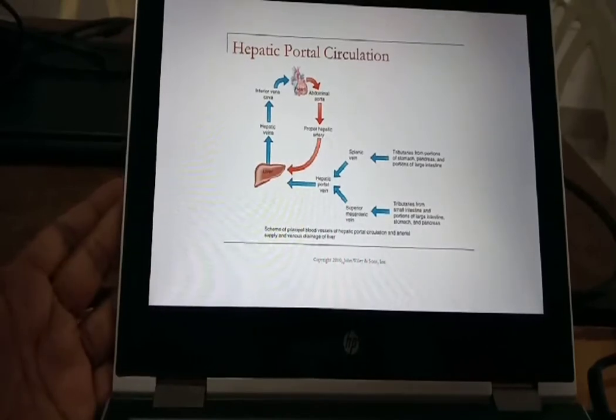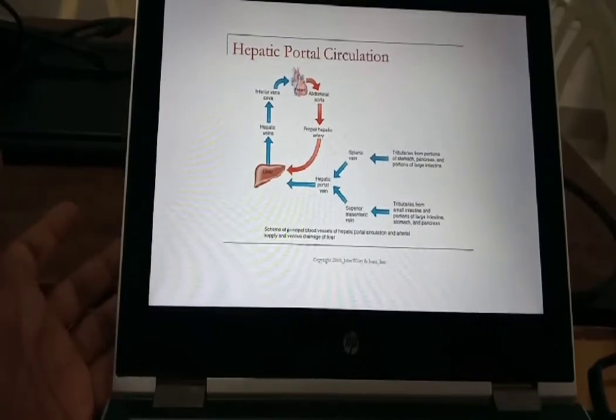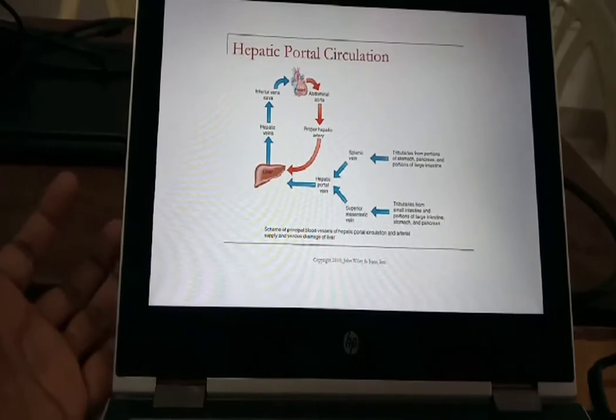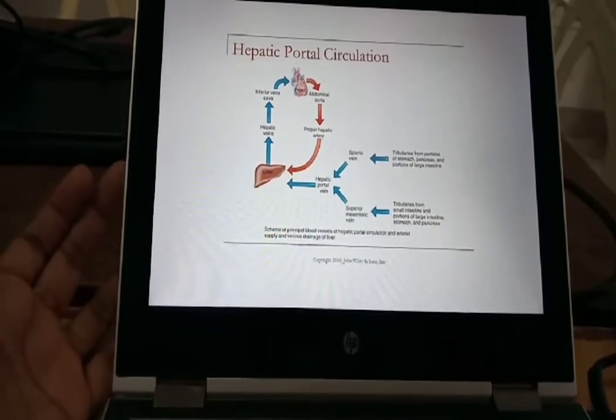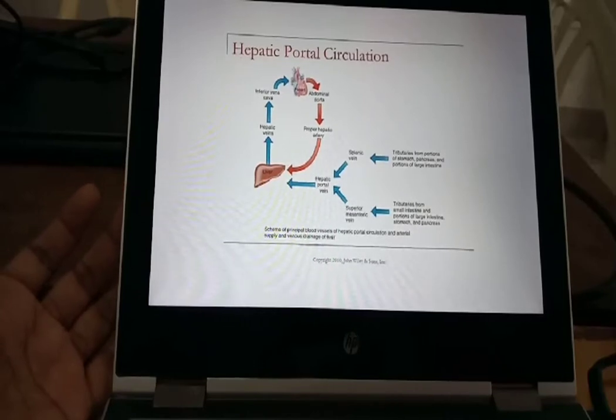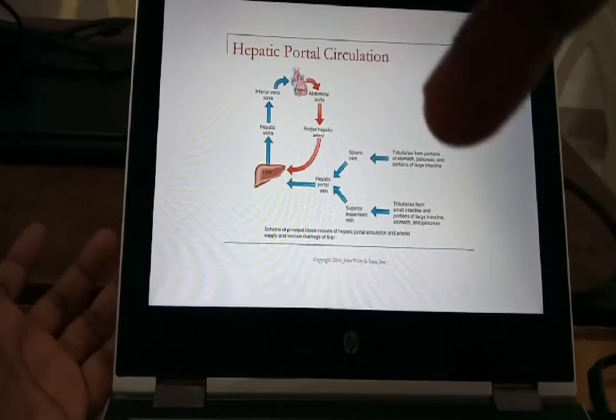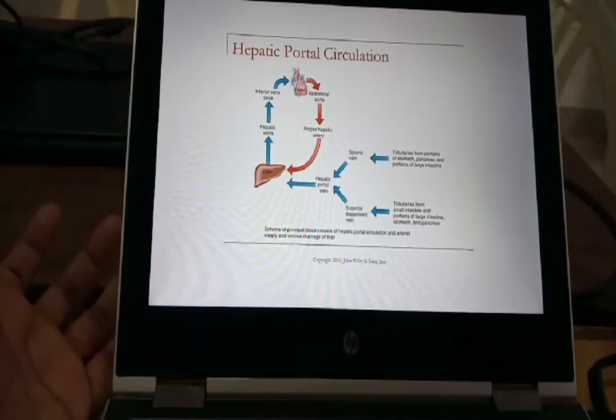The hepatic artery will supply oxygenated blood to the liver for the survival of the liver cells, to nourish the liver. It is not for the liver function, but it is to nourish the liver, to make the liver cells live. So it will take the nutrients, that is glucose and everything, plus the oxygen, to the hepatocytes, and they will function to detoxify all the materials brought in by the portal circulation.